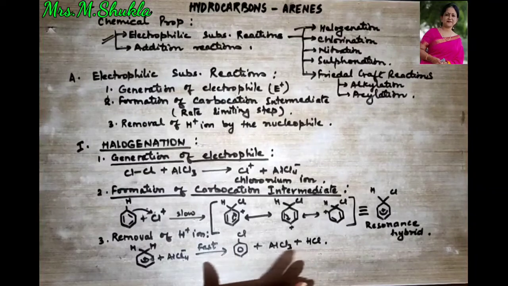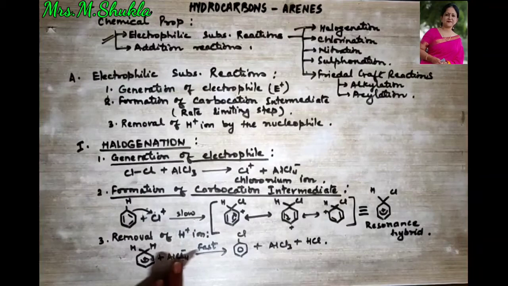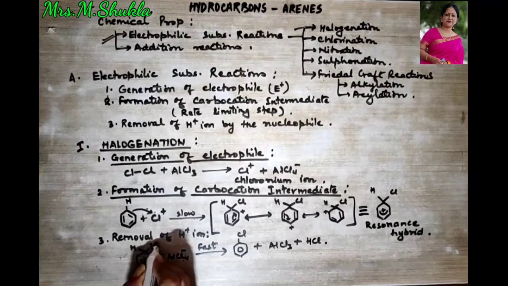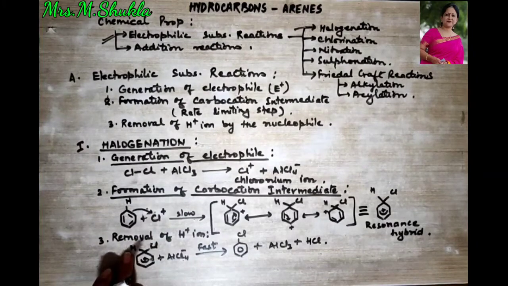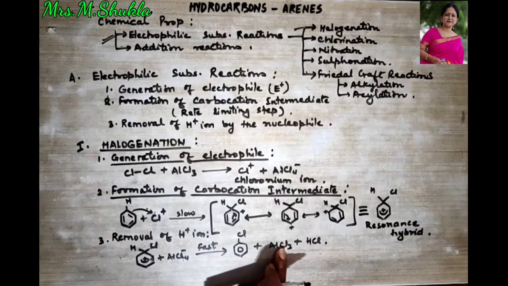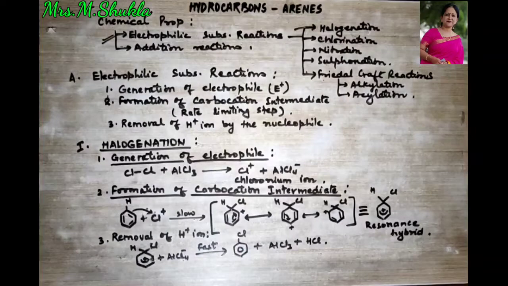Followed? So this is what is called halogenation. Over here what has happened? This nucleophile has accepted one hydrogen of yours over here. See, it has accepted the hydrogen and thus HCl is formed, and AlCl3, aluminium chloride, is also formed over here.